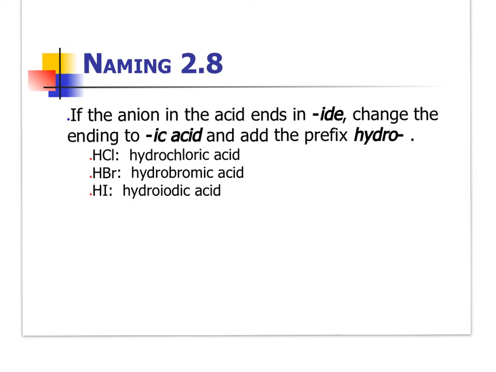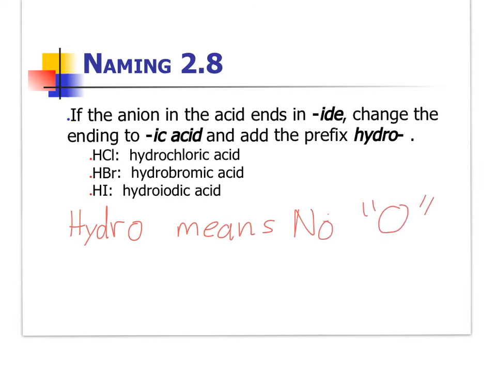I had a student many years back that gave me this way of remembering it. Hydro means no O. So if you have an acid that is called hydro blank acid, there's no oxygen present.